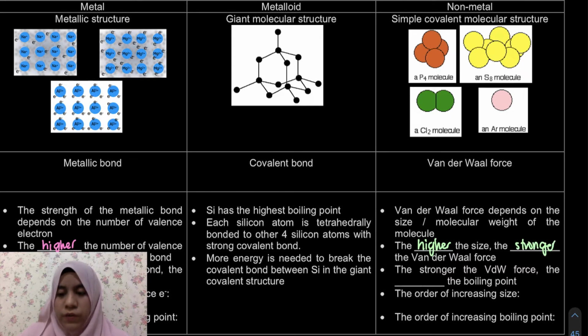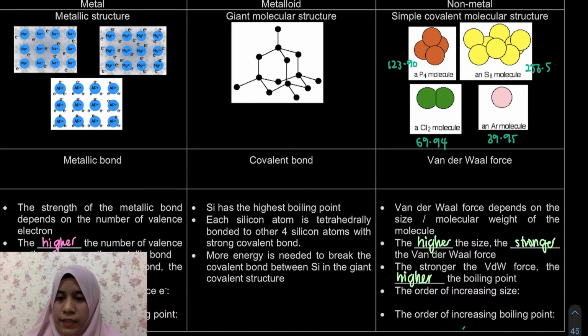The stronger the van der Waals force, the higher the boiling point. Okay, so here is actually the size. Argon 39.95, chlorine Cl2 69.94, S8 is 256.5, because it has 8. And then our P4, phosphorus 4, is 123.90.